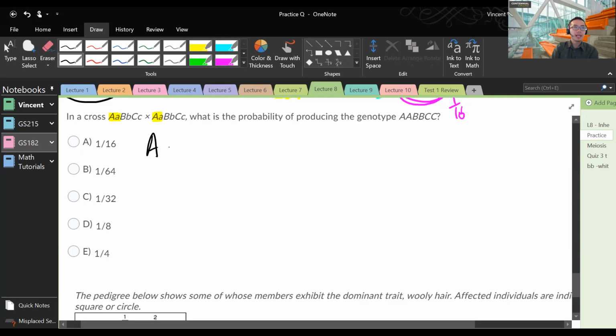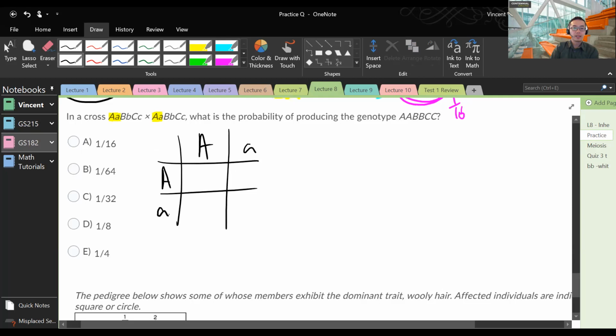If I have big A, small a here and big A, small a there, and then I do the Punnett square, like that.